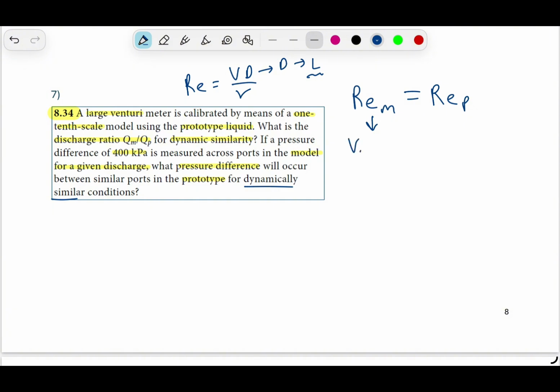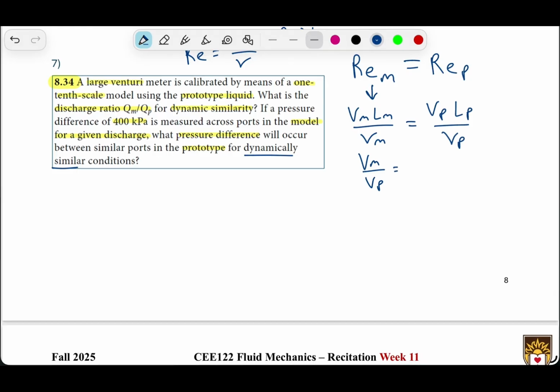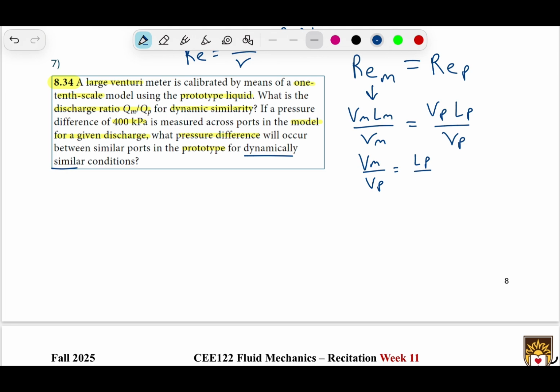So we have VM, LM over viscosity. This will be equal. Same for prototype. If we leave this alone, we will have VP over VM, LM over LP and kinematic viscosity for model over prototype.